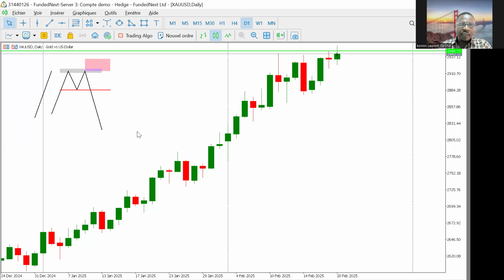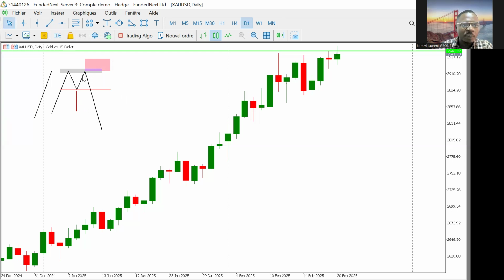Number five, set the target. Target a price drop equal to the height of the pattern.